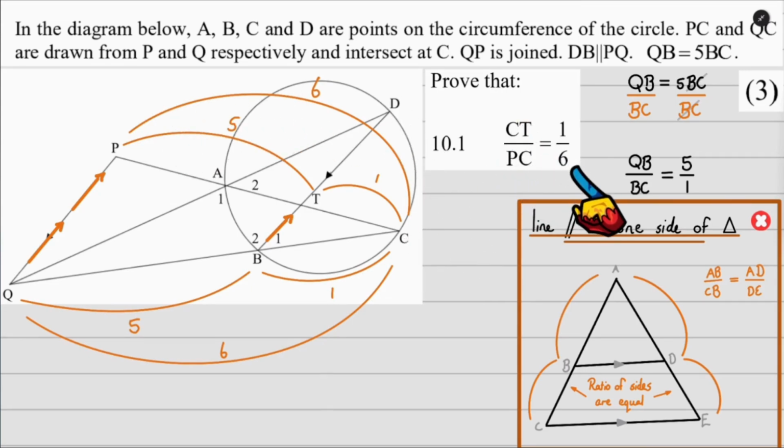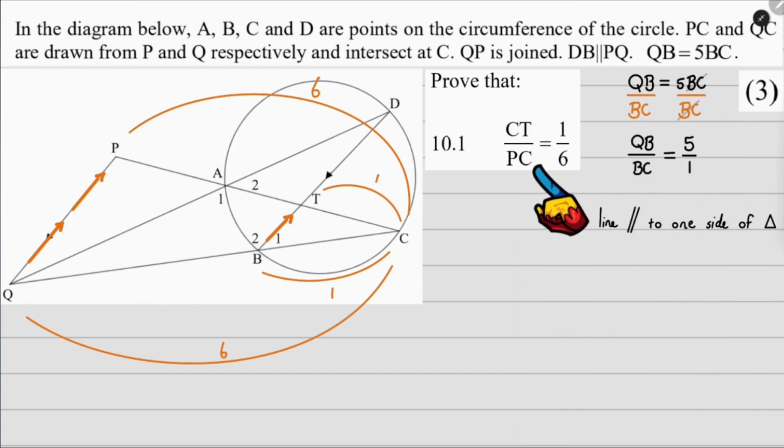But there are a few things we have to write down over here. So let's walk through how we're going to write this down. Firstly, I'm going to start by writing this CT over PC, and then I'm going to put an equal sign next to it. And then I'm going to show what ratio this is equal to. CT corresponds to the side BC. So I'm going to put BC on top there.